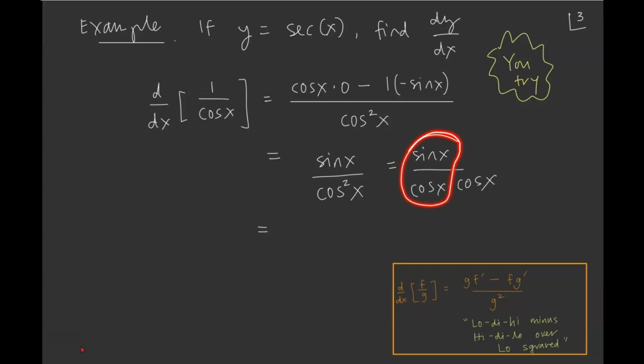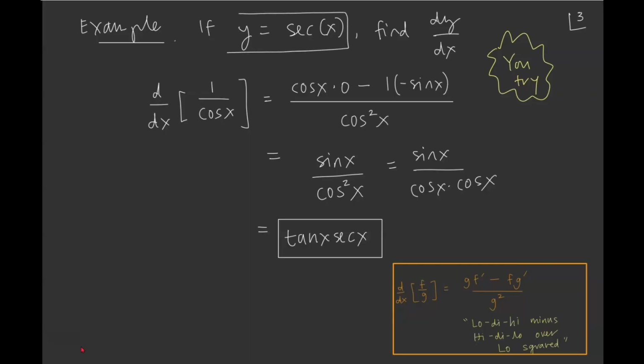Sine over cosine is tangent, so this part is tangent x. And then we have 1 over cosine x, and 1 over cosine x is secant x. So tangent of x times secant x. They usually just say tan x secant x, and we know that there's a multiplication. So the derivative of secant x is secant x tan x.